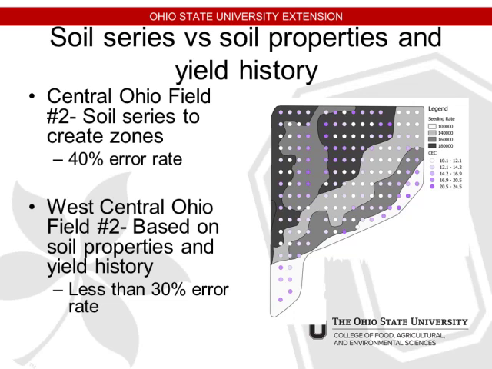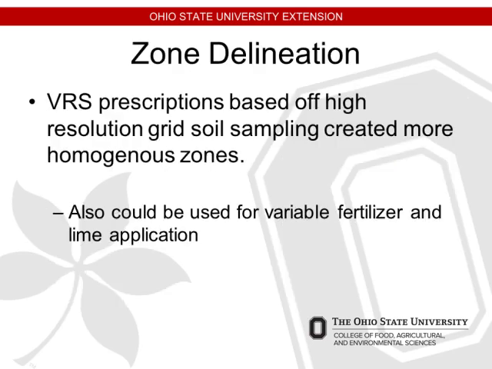So basically dividing the field based on soil properties, using grid soil samples was a more accurate way to make zones within the field. So the prescriptions based off of high resolution grid soil sampling did create more homogeneous zones, so zones that are more similar compared to web soil survey or something like that.